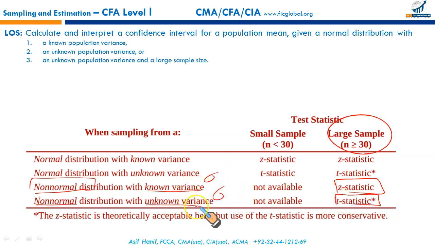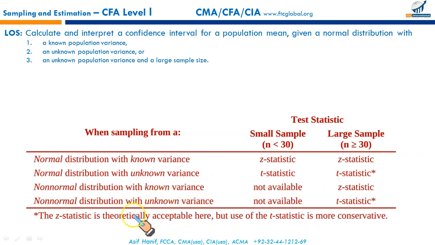But here we have unknown variance. So it means we are most likely at this position. Non-normal distribution, yes. Unknown variance, yes. Then it's t statistic, ideally. But here the z statistic is theoretically acceptable too. So it means t and z are both possible when a non-normal distribution with unknown variance is involved and the sample size is greater than 30.